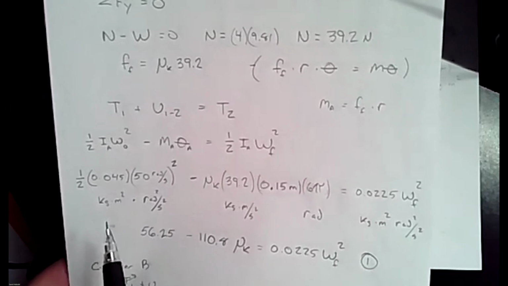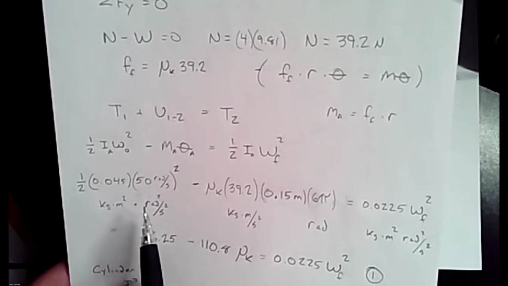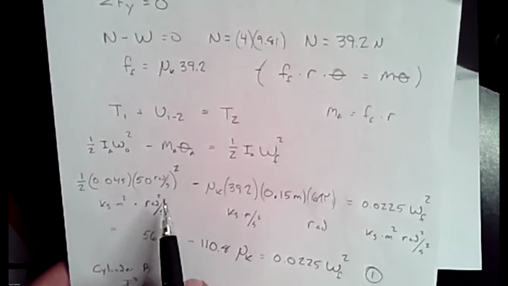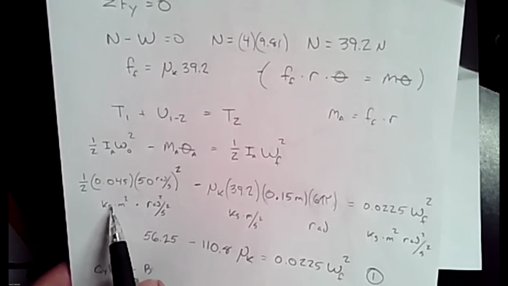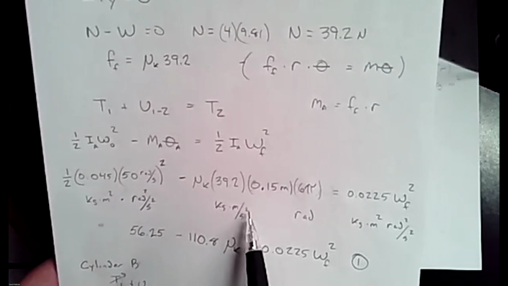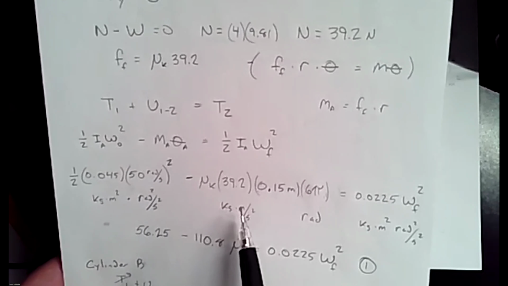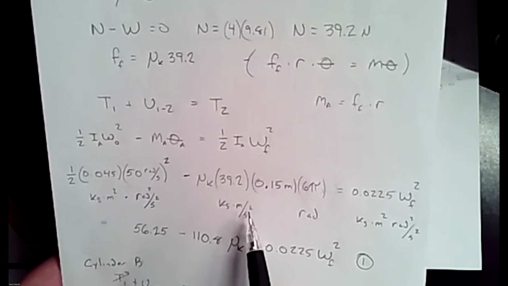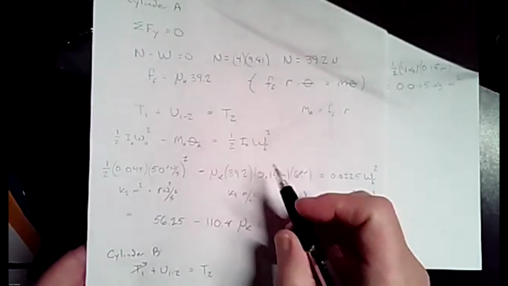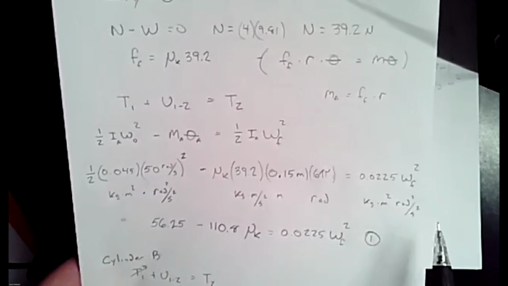If I look at the units, we have kilogram meter squared times radian squared per second squared. Again, radians don't count, so it's just kilogram meter squared per second squared. Same thing here: kilogram meter per second squared for this, and then the additional meter gives meter squared. So the units are consistent all the way through.